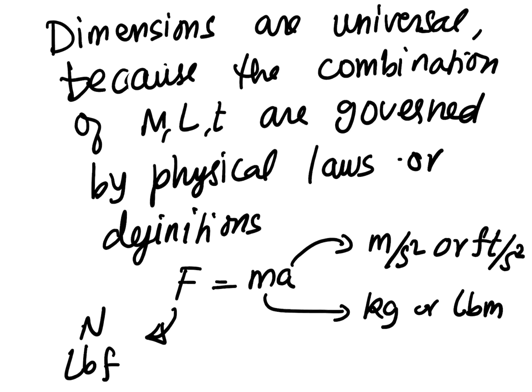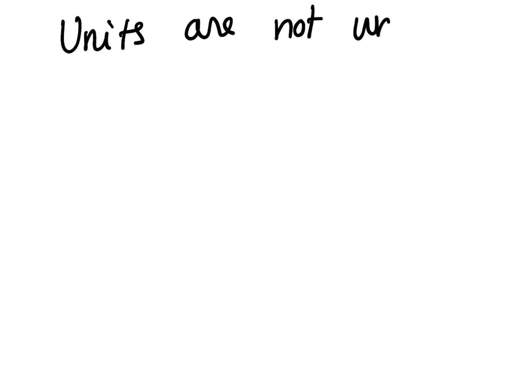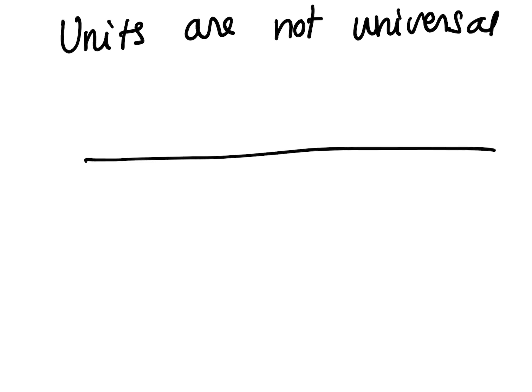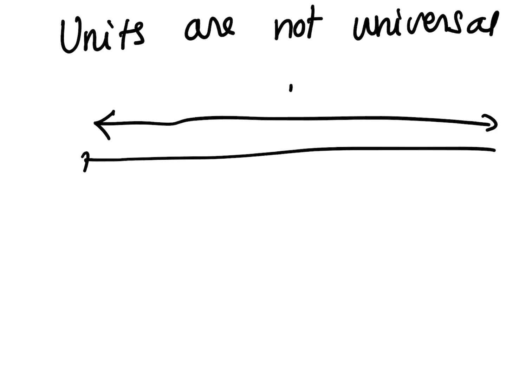Okay, it's universal. So the dimensions are also universal, but what is not universal is units. Like, for example, suppose this length is 1 meter, okay, you know that about 30 centimeters is equal to 1 foot.